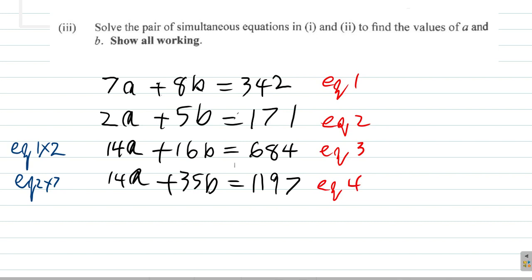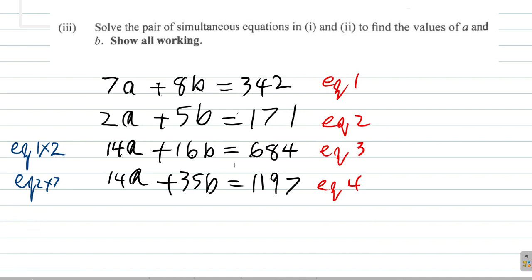Then we can subtract equations 3 and 4 and get rid of a. If we say equation 3 minus equation 4, we're going to get some negative numbers. If we say equation 4 minus equation 3, we get positive numbers. Any way you want. What I'm going to do is just get the negative numbers and deal with it.